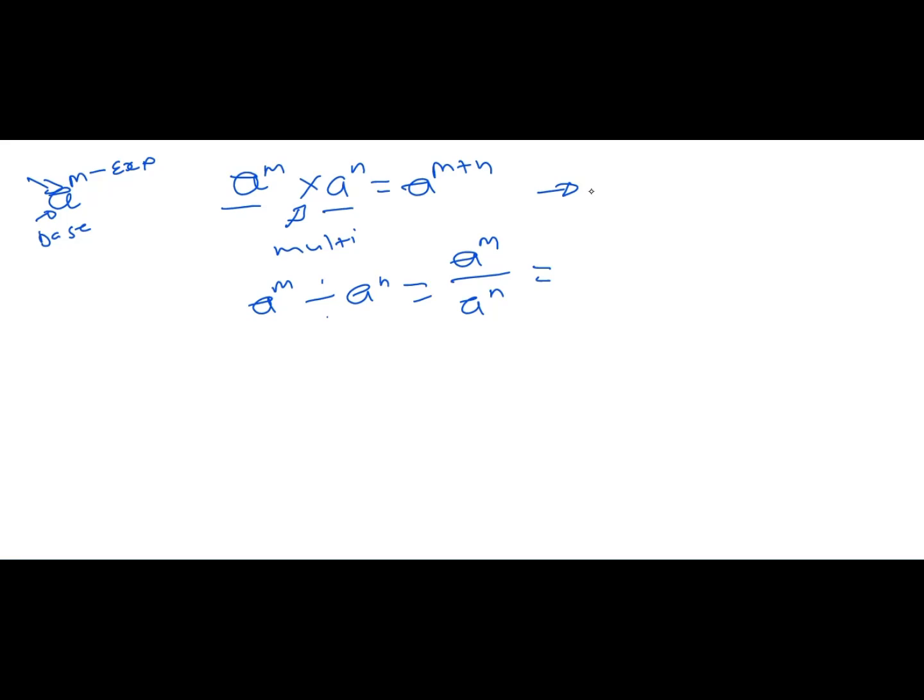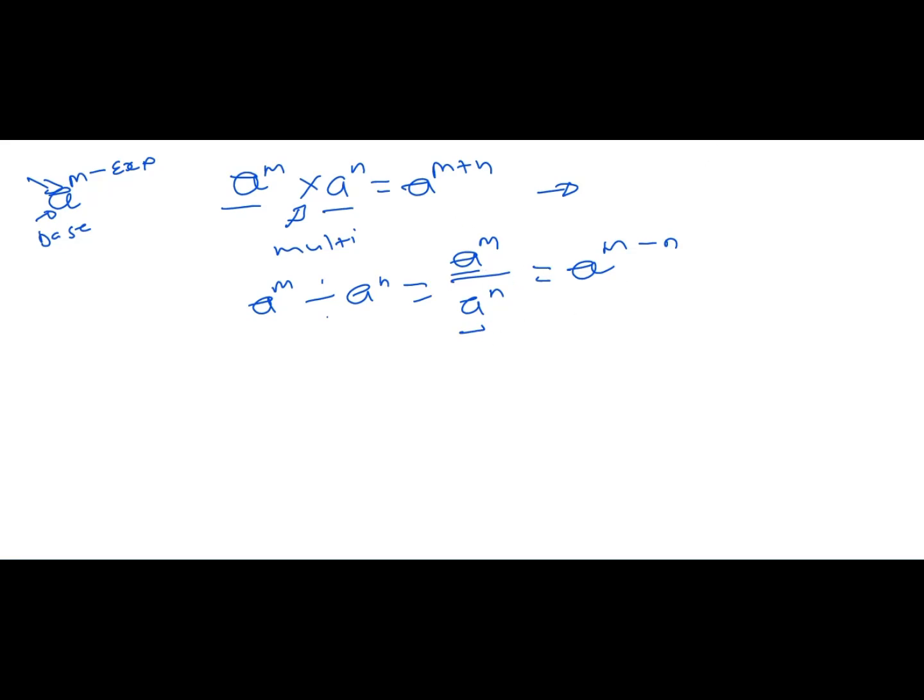Actually, we misuse the word short term. The word short term comes from where we say a is going to be m minus n. Why? Because these two have the same base.